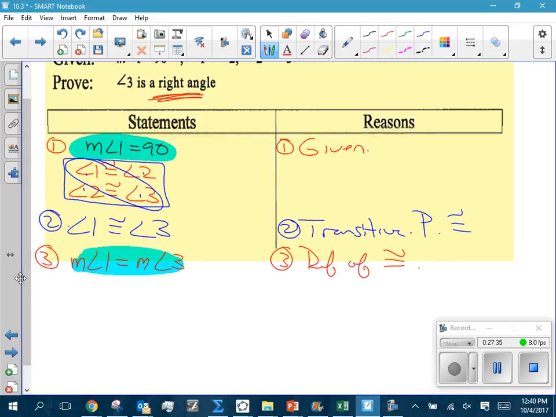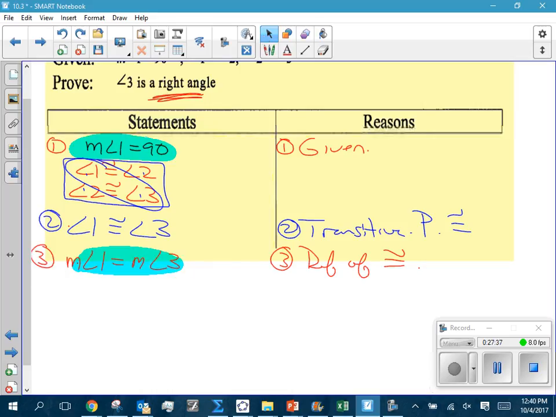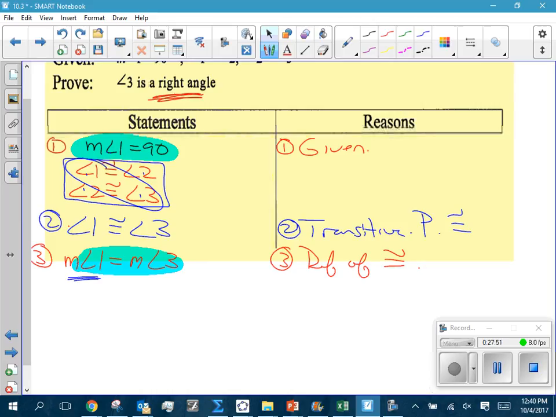But now, like I said, we look here at that phrase, the measure of angle 1 is equal to the measure of angle 3, and up here that the measure of angle 1 is 90. Now, anywhere I see measure of angle 1 throughout here, I can replace measure of angle 1 with 90, right? So now I get step 4, replace that with 90, and now I've learned, with that given information, piecing some new things together using our law of detachment and law of syllogism, because that's really what we are doing here to create steps 2 and 3.